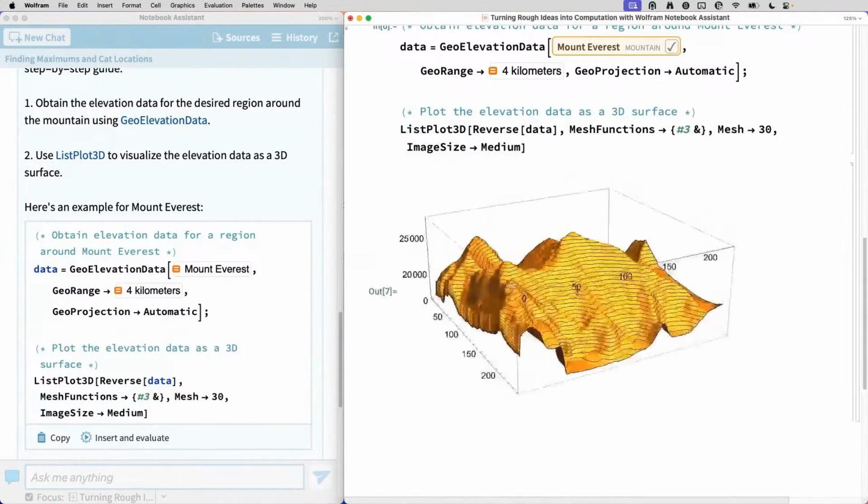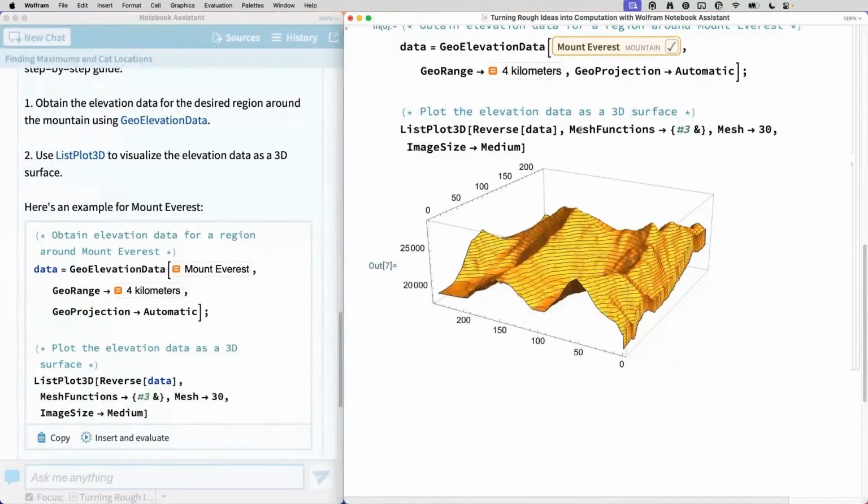And here, it just plugs it in, and it even cleverly, I do think this is quite clever, uses the MeshFunctions option and then specifies a pure function notation. It's like a lambda function if you're familiar with that. If you're not familiar with it, don't worry about it. It's not a big deal. You can always check the documentation if you're curious.